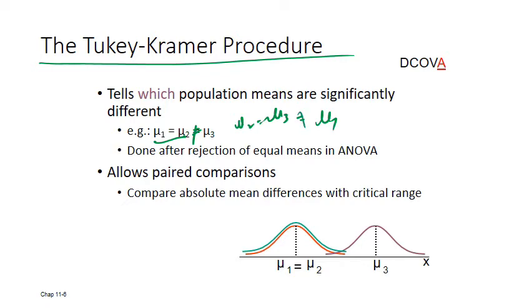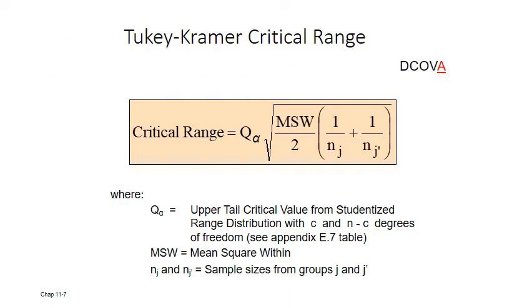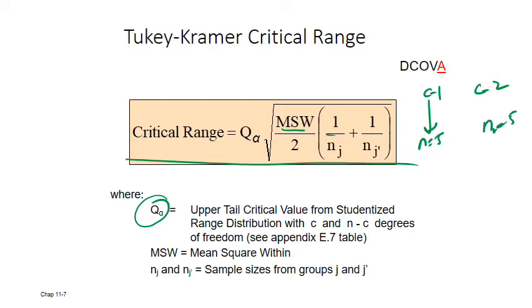So we try to see whether there is a significant difference among them or they are very close to each other. To do so, we have the Tukey-Kramer procedure and we calculate this critical range. Q alpha comes from the Q table. MSW we have already calculated, and 1 over Nj, where Nj means the number of values in the particular group. For example, if we see the difference between club 1 and club 2, in club 1 we have 5 and in club 2 again 5.